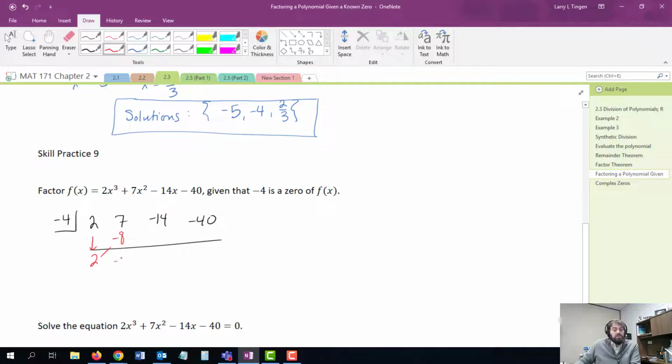And it has to be, because they told us it's a factor. They told me when I plug in -4, I get 0. -1 times -4 is 4. -14 plus 4, remember these are all pluses again, is -10. -10 times -4 is positive 40. -40 plus 40 is 0.